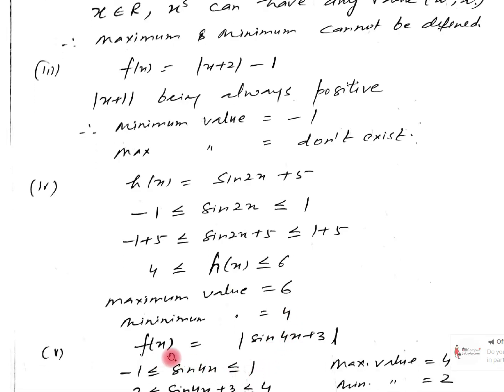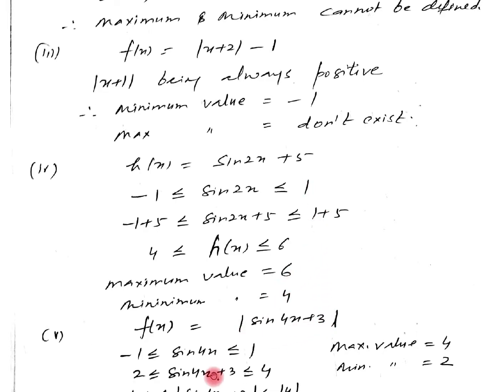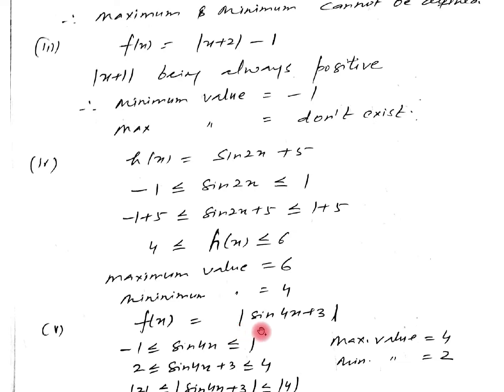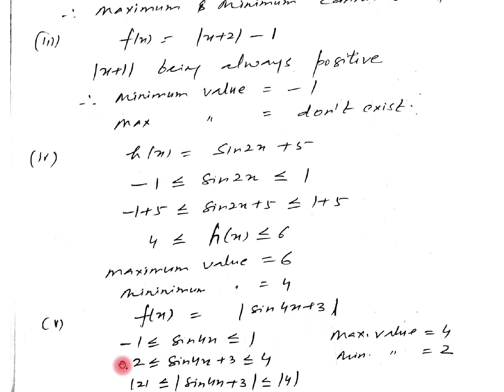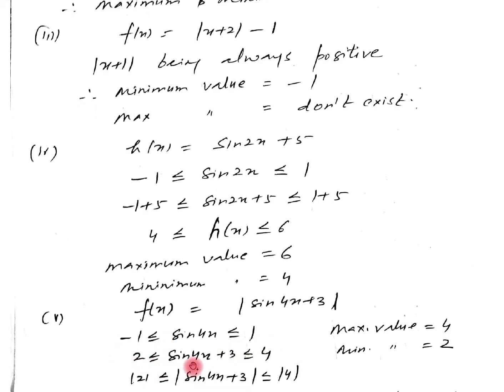Now the function is f(x) equal to modulus of (sin 4x plus 3). Again the question will be started in the same manner. We know sin 4x always lies between 1 and minus 1. Now we want sin 4x plus 3. Then adding 3 to this inequality, we are getting here 3 minus 1, 2, less than or equal to sin 4x plus 3, less than or equal to 1 plus 3, 4.